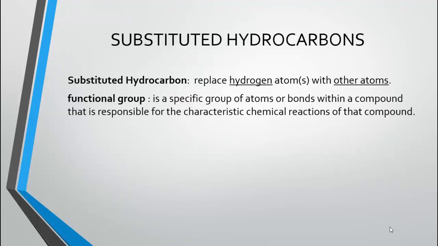But in a substituted hydrocarbon, we replace the hydrogen atom with another atom, and this other atom is called the functional group. The functional group is a specific group of atoms or bonds, and it's responsible for the chemical reaction of that compound.